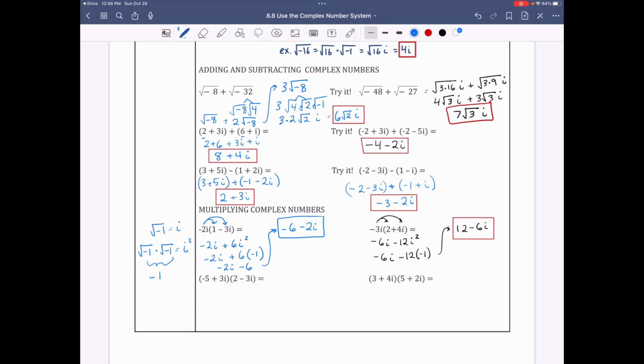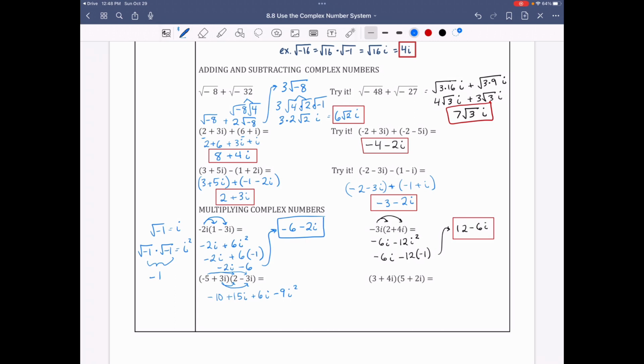We have one that we need to distribute. So negative 5 times 2 is negative 10. And then we have negative 5 times negative 3i is plus 15i. 3i times 2 is plus 6i. And then 3i times negative 3i is negative 9i squared.